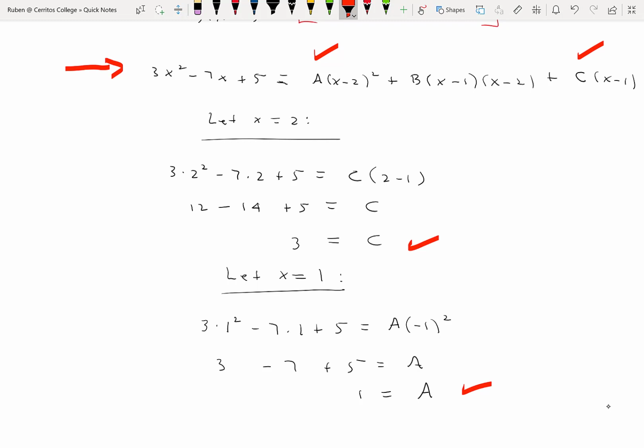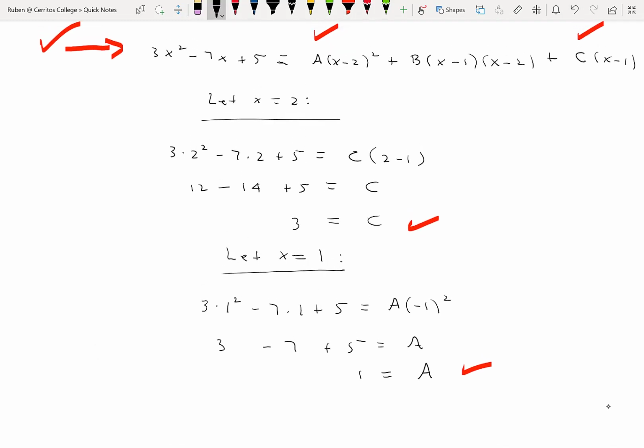But don't fret. This problem is a little more difficult using this method than before, but it's not that big of a deal. What we do is we substitute what we found back into the equation. We know a is 1 and c is 3, so substitute that back into the equation that we're concentrating on now.